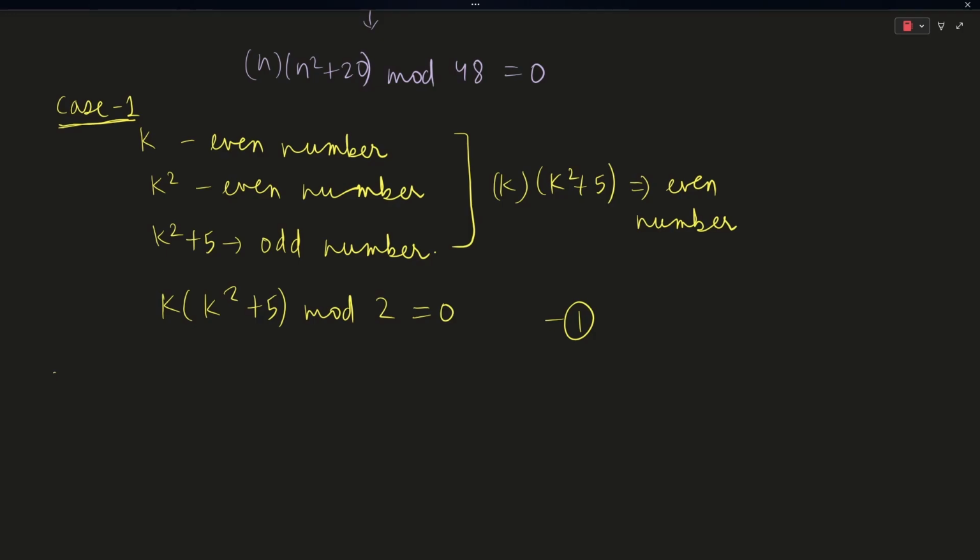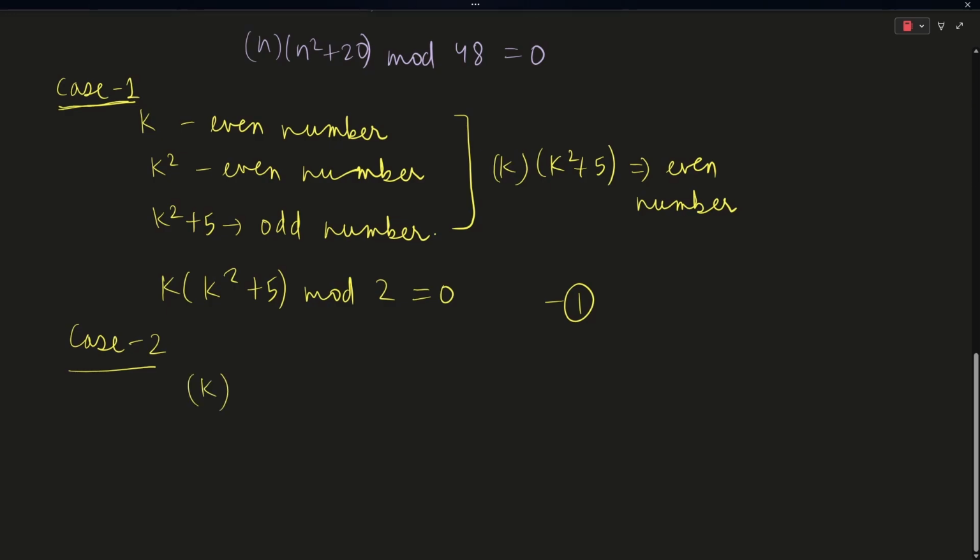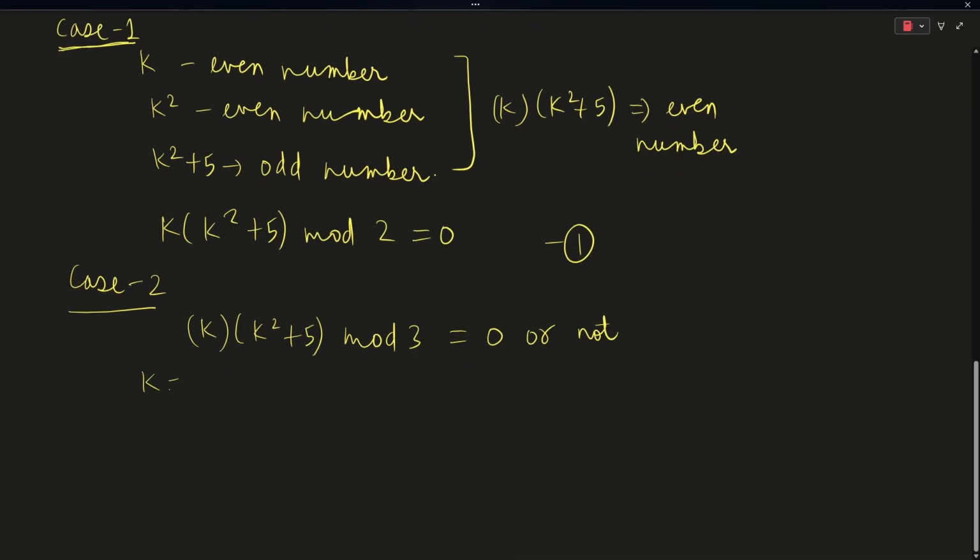So we can take case second, whether k into k square plus 5 mod 3 is 0 or not. For this we can assume that k is 3m plus 1, right? Now 3m plus 1 is a number which is not divisible by 3, or we can take the value of k which is not the multiple of 3.